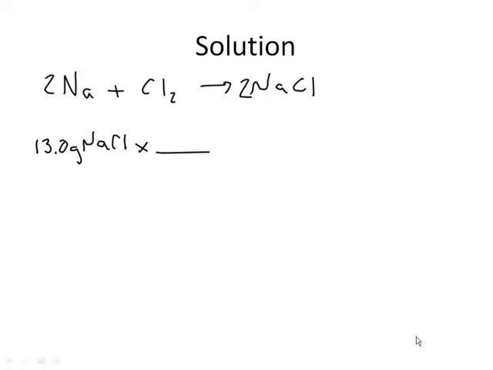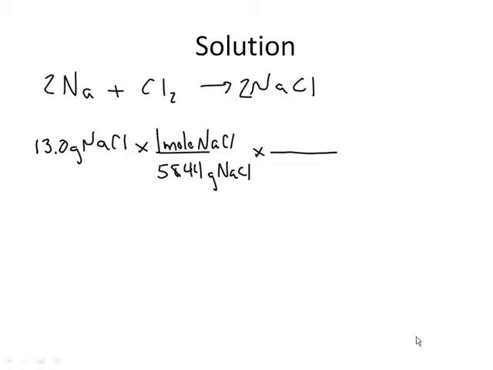So in order to do that, I need the molar mass of sodium chloride. So I go to my periodic table and add the molar mass of sodium, which is 22.99, plus the molar mass of chlorine, which is 35.45, which gives me 58.44 grams NaCl per 1 mole of NaCl. So there's step 2. I'm in moles.